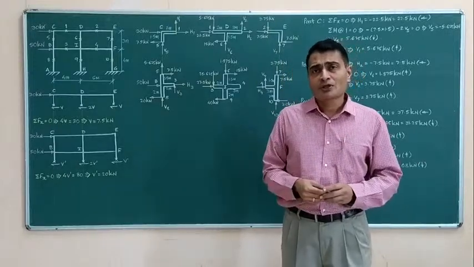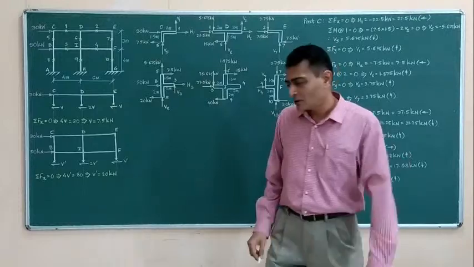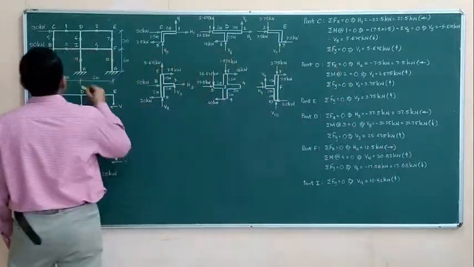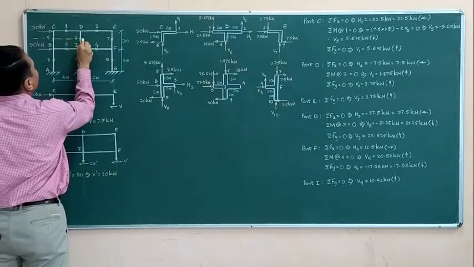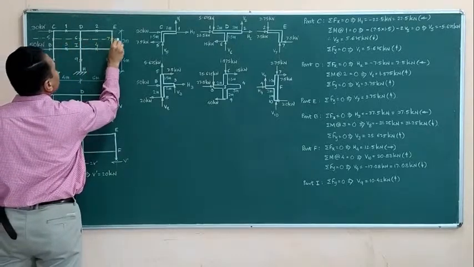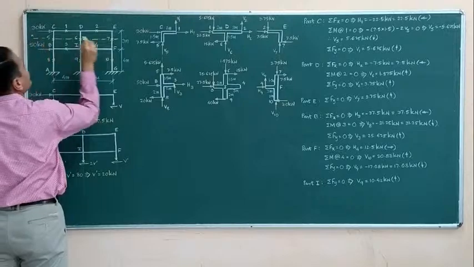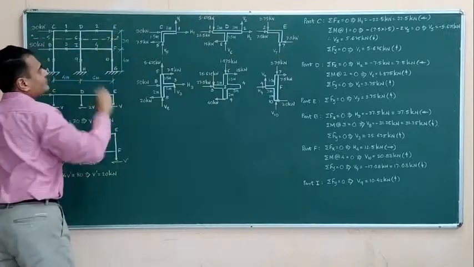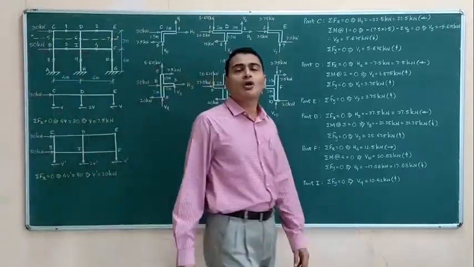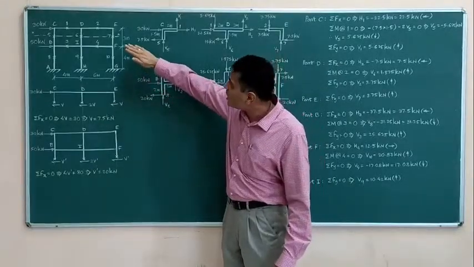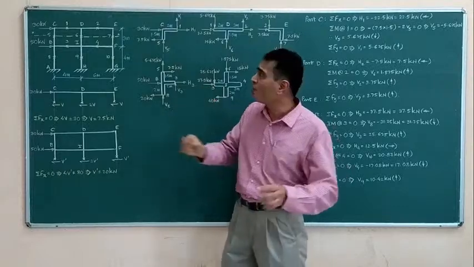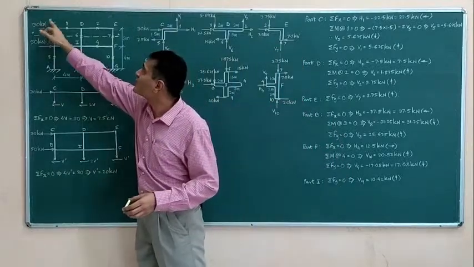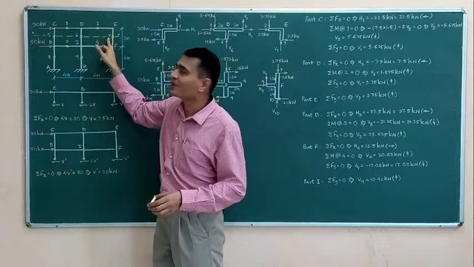Great. Then to begin with, I will imagine a section passing through points of contraflexure 5, 6 and 7. Let me call it section XX. And what I will do is try to generate the FBD of the portion which is above section XX. That is, I will be drawing the FBD of part 5, C, D, E, 7.